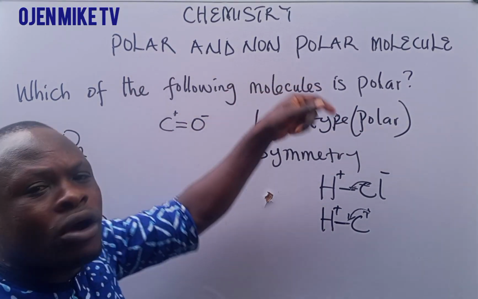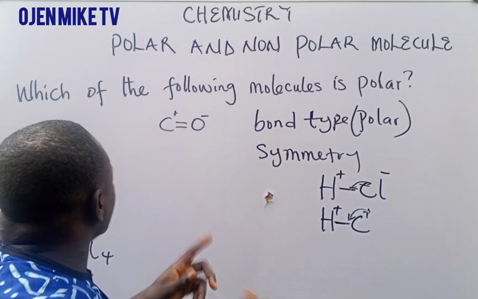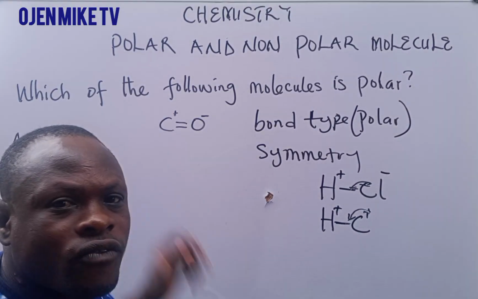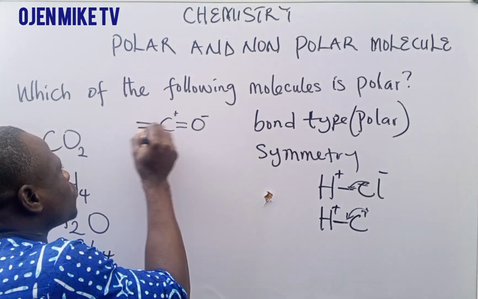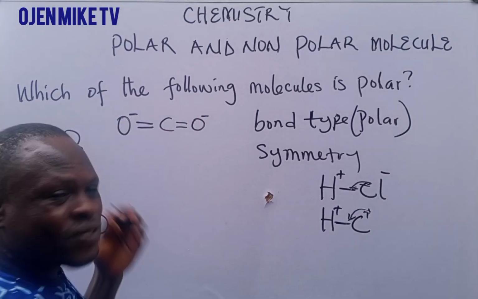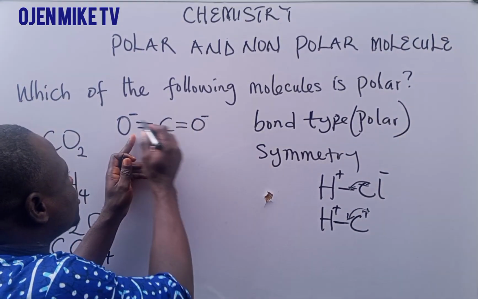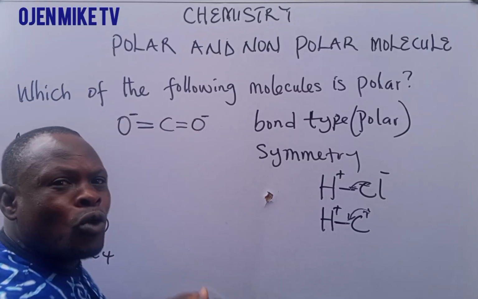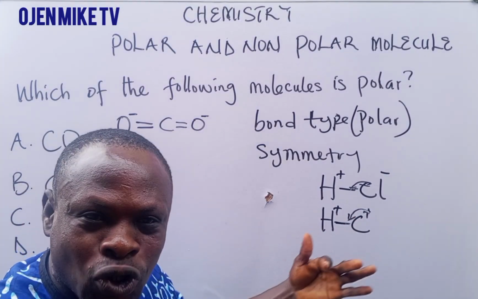But then, we have two atoms of oxygen. This side is negative and this side is negative, so both of them will give equal distribution.